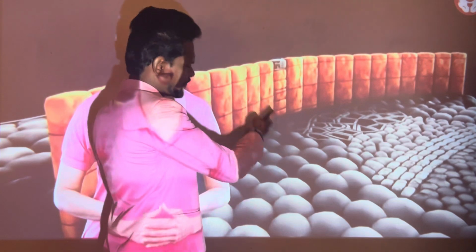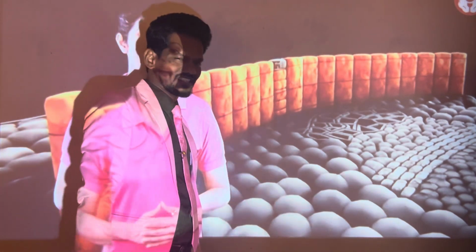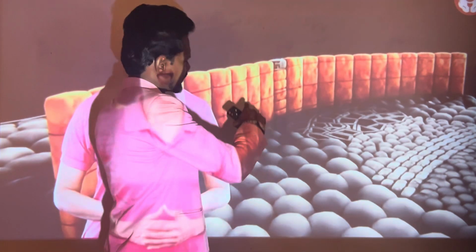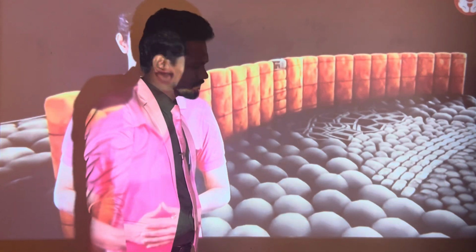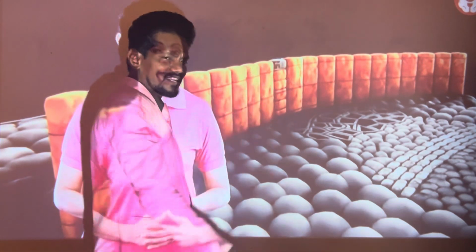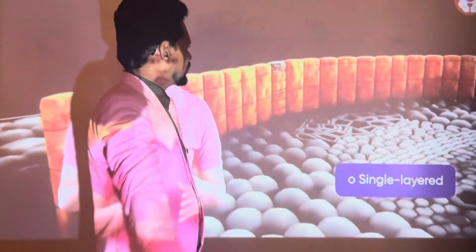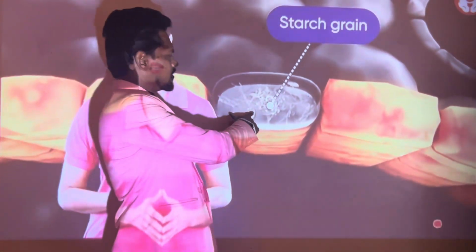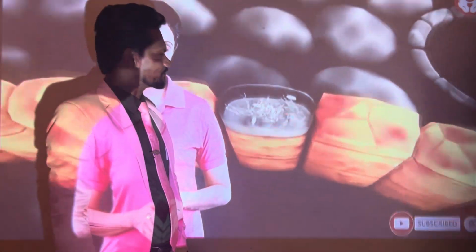Main function is protection of the innermost tissue present in the stellar region, and the special feature is Casparian thickenings are found as usual, like root. Additionally, starch grains are present, because in dicot stem endodermis is also known as starch sheath. Yes, presence of starch grain is the characteristic feature.